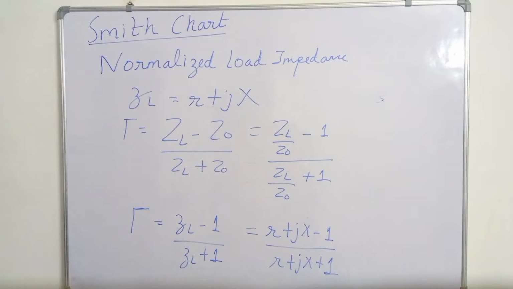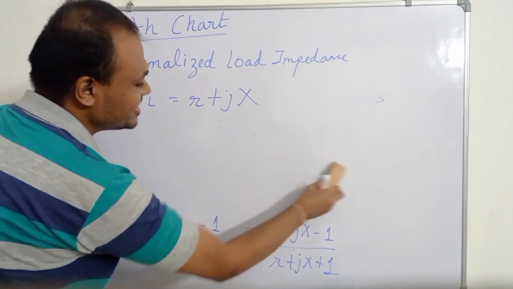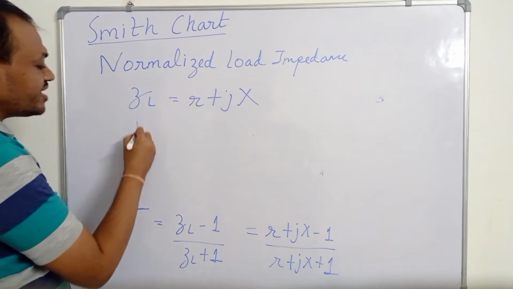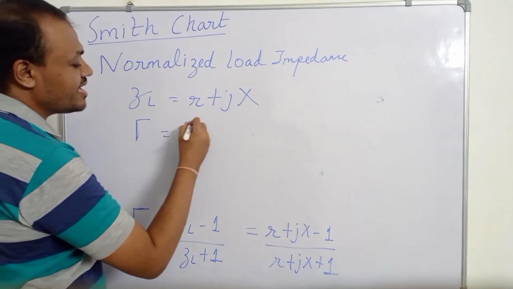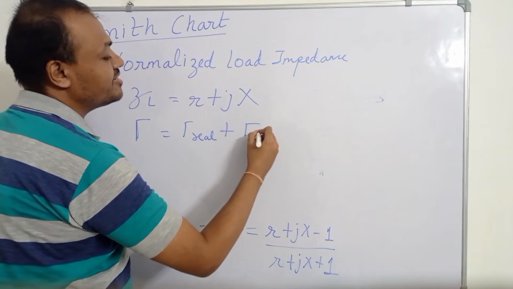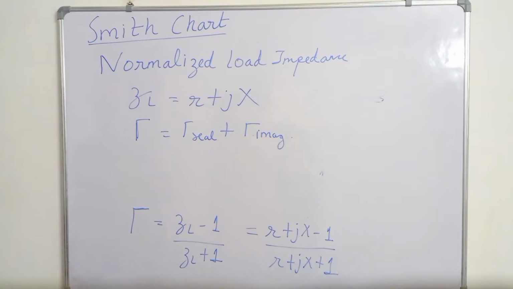This reflection coefficient gamma consists of a real part and an imaginary part. So we can write gamma equal to gamma real plus j gamma imaginary.